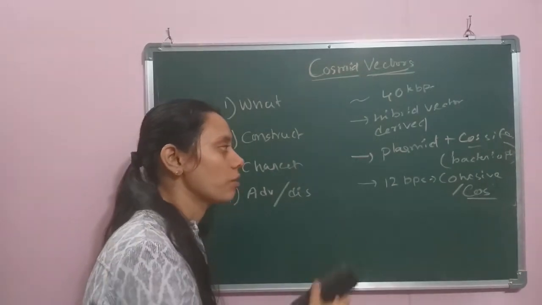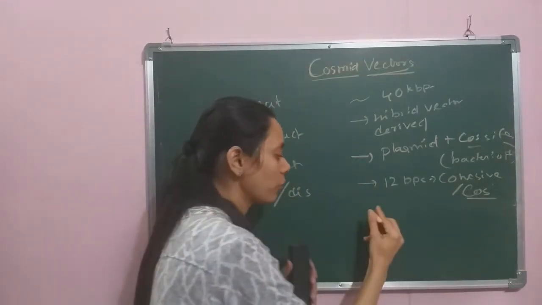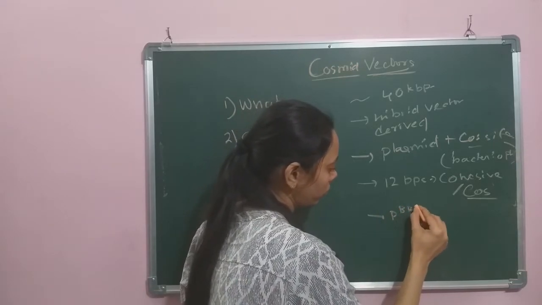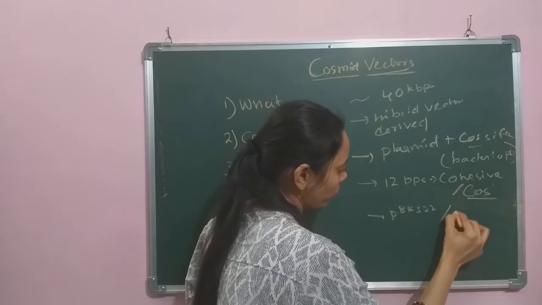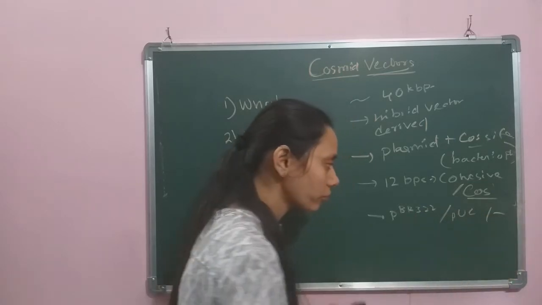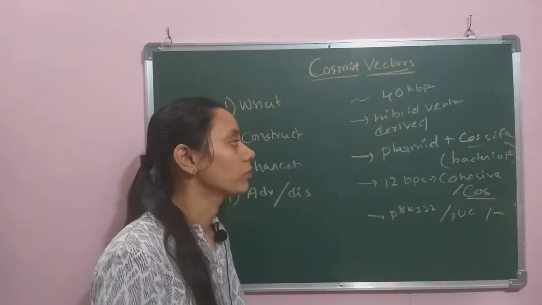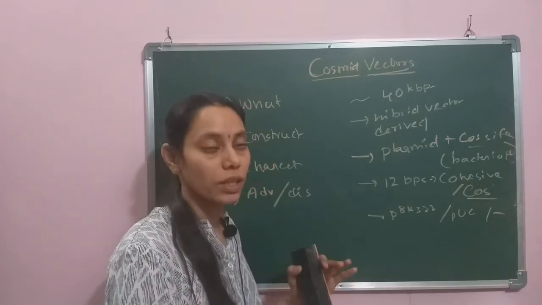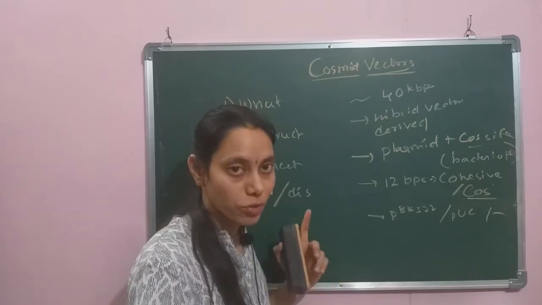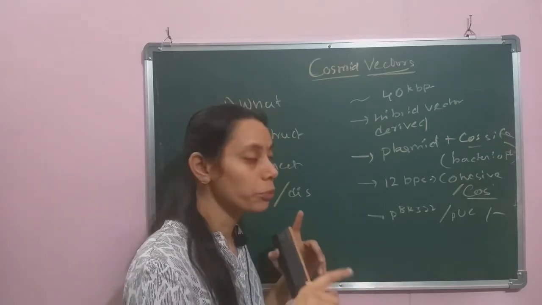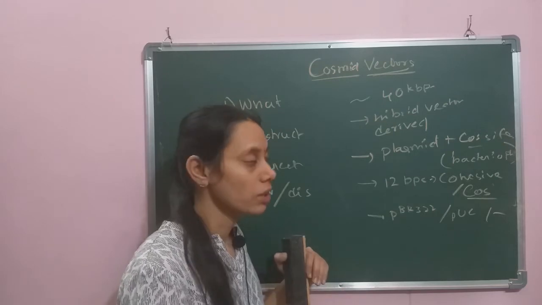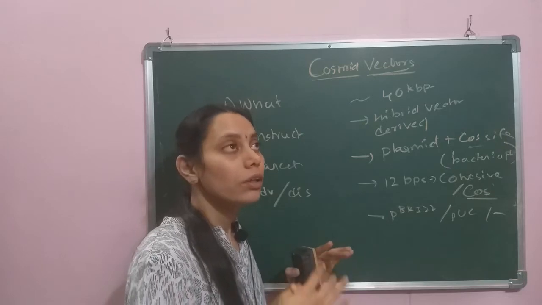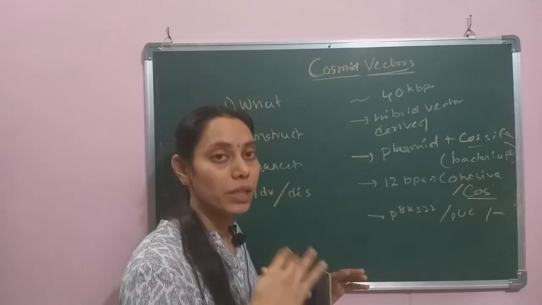These cos sites are combined with the plasmid vector, which could be pBR322, a pUC vector, or any other kind of plasmid vector. Due to the presence of cos sites, this plasmid DNA allows a larger portion of DNA insert to be taken for the combination, and it can also be efficiently packed into the viral system and transferred through it.